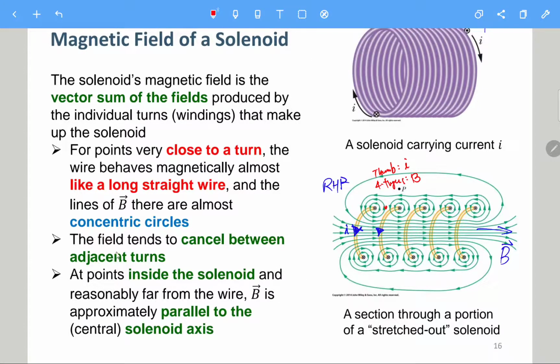So this is the field tends to cancel between adjacent turns. And a point inside the solenoid and reasonably far away from the wire, the field is approximately parallel to the axis of the solenoid.